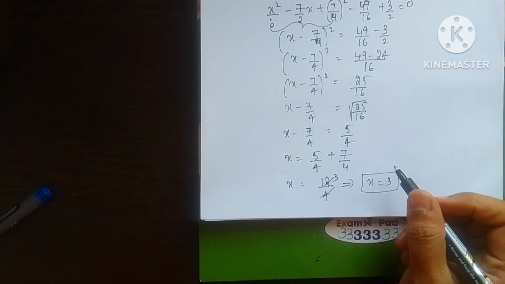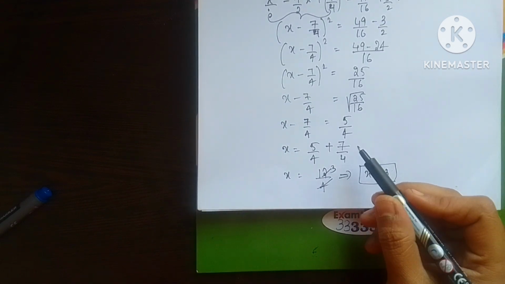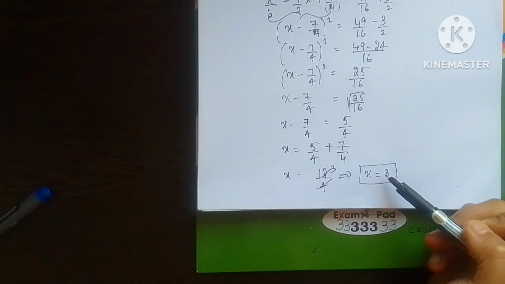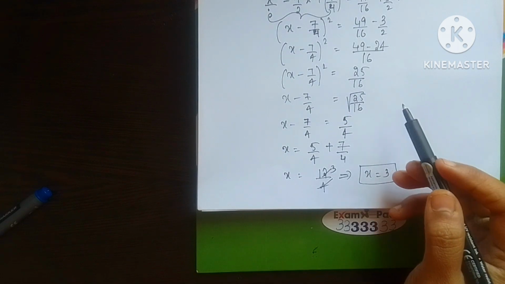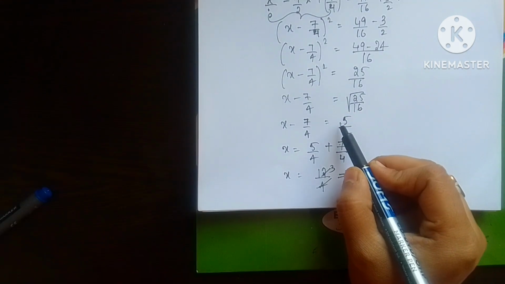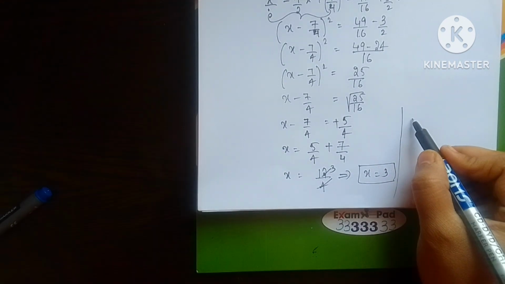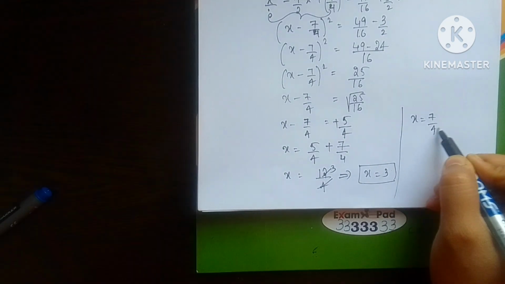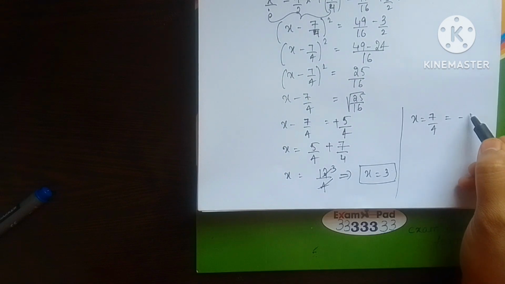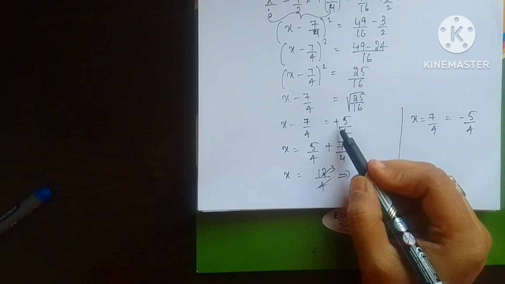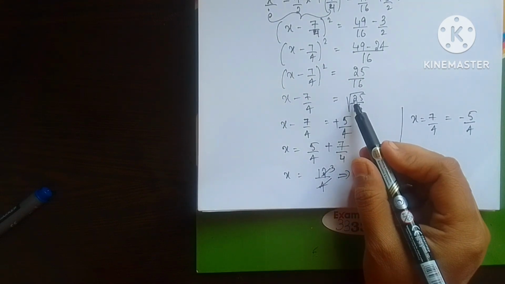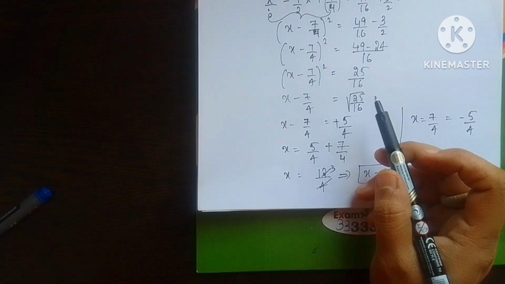We have got x is equals to 3. Why do we get x is equals to 3? Because we have taken here plus 5 by 4. And one more root is, now we will take x is equals to 7 by 4 minus 5 by 4. This is for plus 5 by 4. Here square root means we will get two roots, plus or minus.